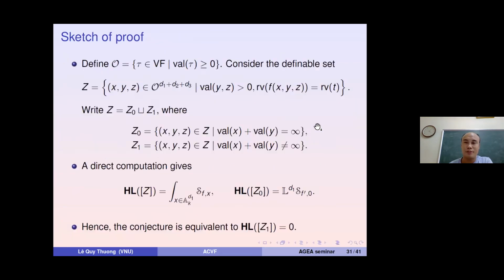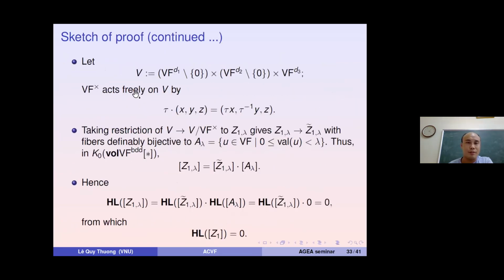We use this to make a free action of VF star on V, and by some argument we get the identity in the Grothendieck ring of VF, where this equals this, and A lambda is nothing but the open-closed annulus.